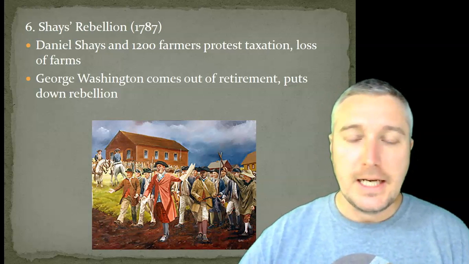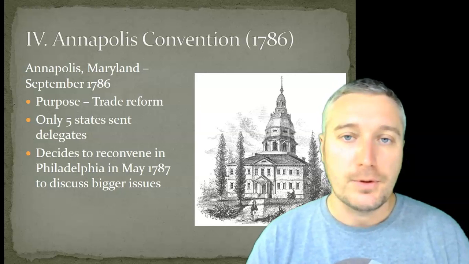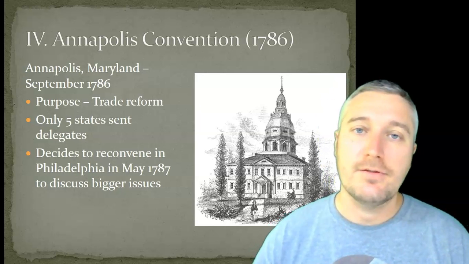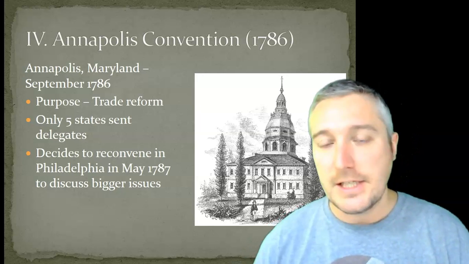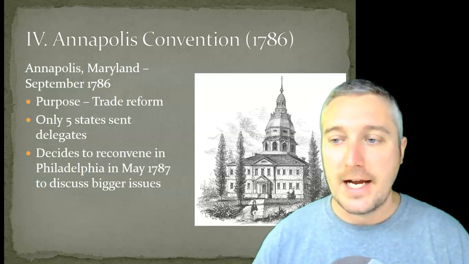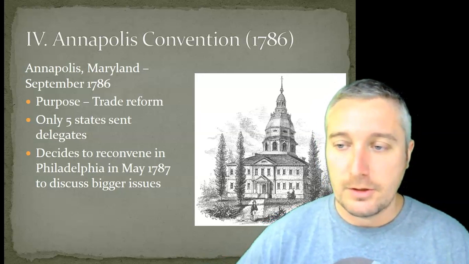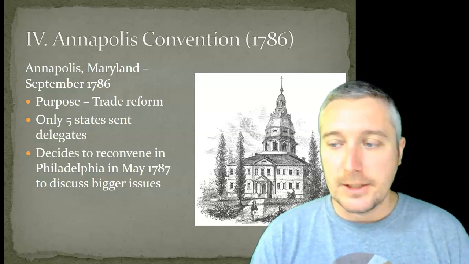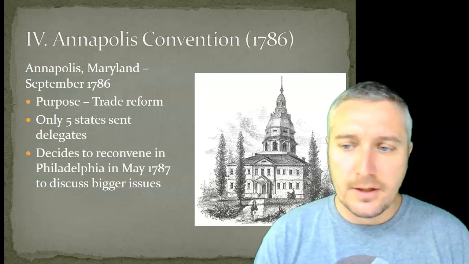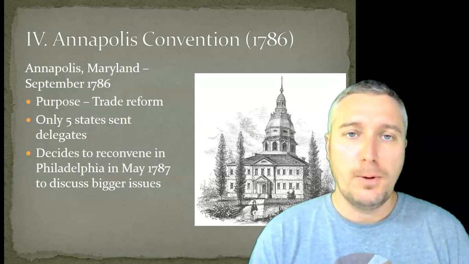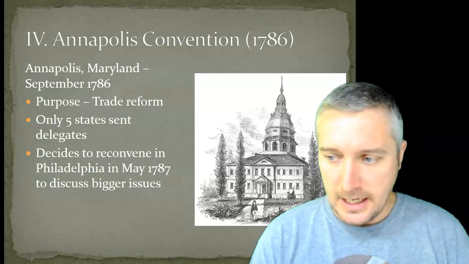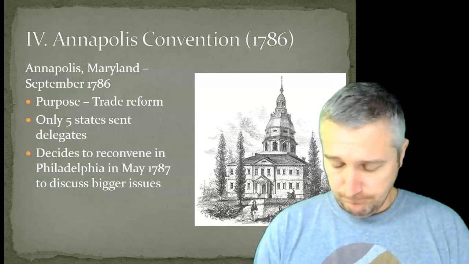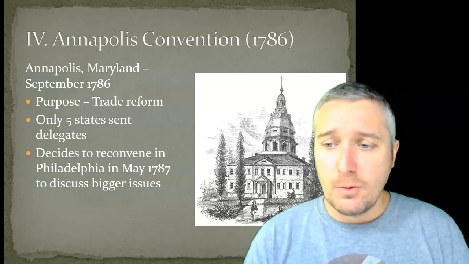So by 1787, they're realizing we're going to have to come up with a new system. In 1786, they actually decide to meet. I've gone a little bit chronological out of order here. They decide to meet in Annapolis, Maryland. The whole purpose was about trade. They were talking about how to reform various laws about trade.